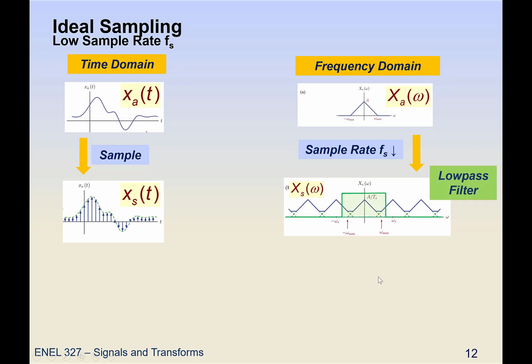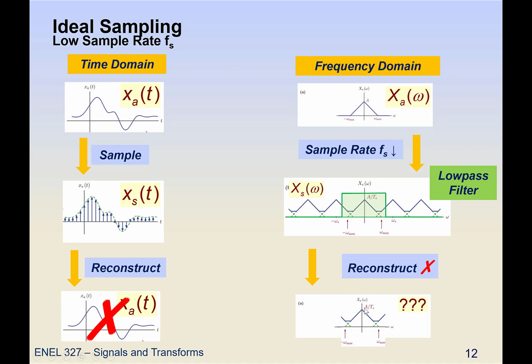If I do a low-pass filter on that, I get this, but that is not at all close to the original spectrum, and I don't know what I'm going to get in the time domain. I certainly am not going to get the original signal. And so this starts to give us an idea of what's necessary to allow perfect reconstruction.